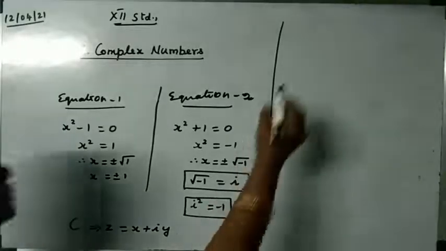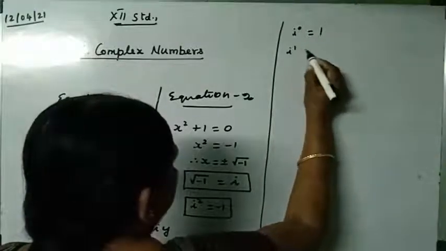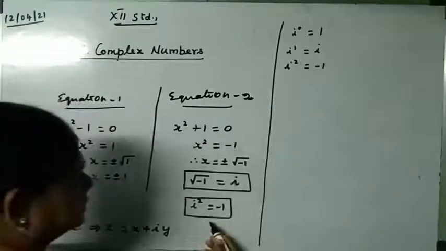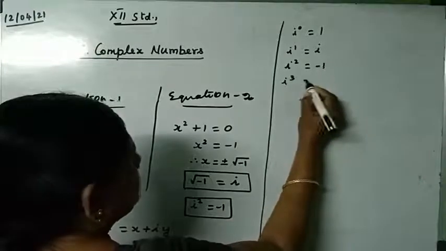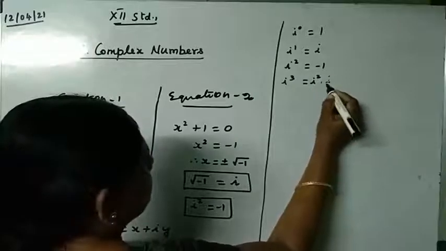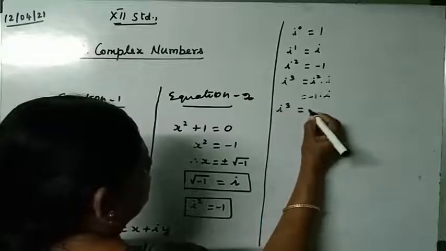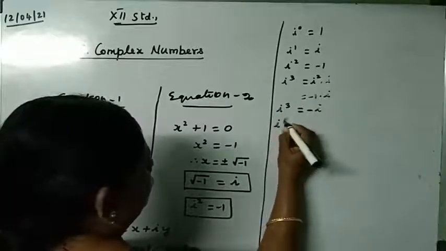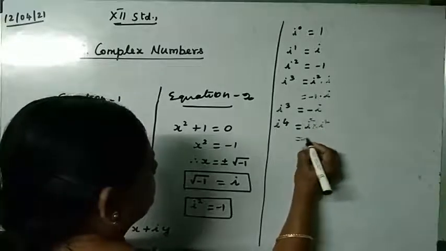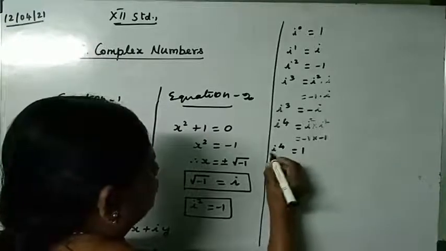i power 0: any number raised to the power 0 is 1. i power 1 is equal to i. i power 2 is equal to minus 1, we know this. i power 3, let me split this into i square into i, and i square value is minus 1, so i cube is equal to minus i. i power 4 can be divided into i square into i square, so it is minus 1 into minus 1, so i power 4 is equal to 1.